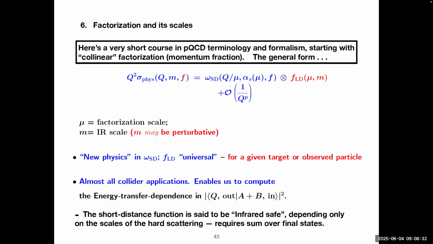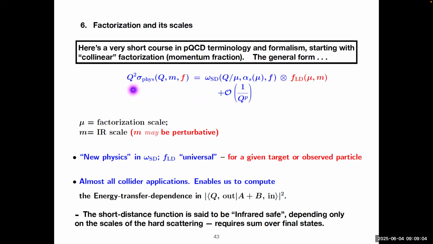So today, I'd like to try to do a little bit more formalism about what we are actually doing. The next few slides are tying together almost every use of perturbative QCD. They're all in this general form in terms of collinear factorization, but this general form extends beyond collinear factorization.